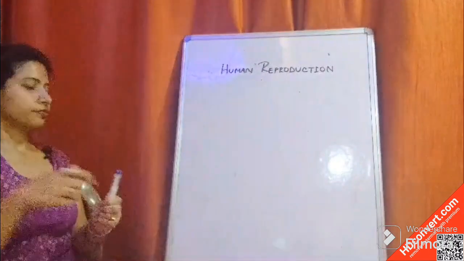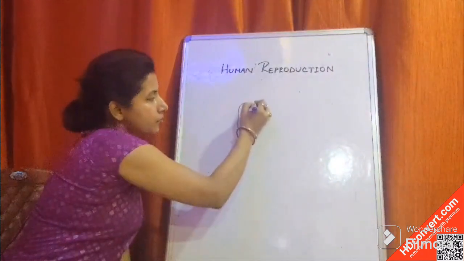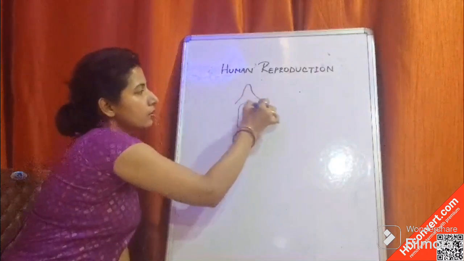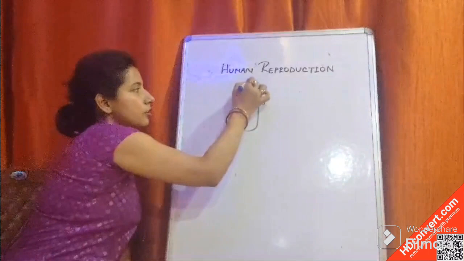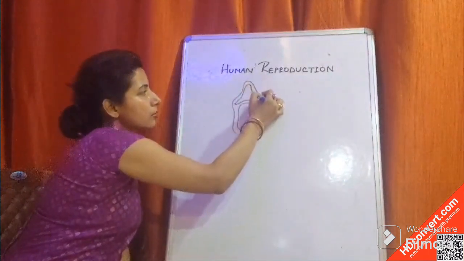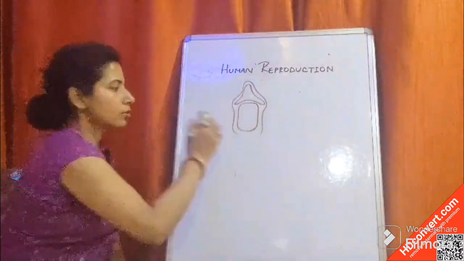Now I am going to draw the male gamete, sperm. See, it is the sperm nucleus. Okay, this is the acrosome. This is the plasma membrane which surrounds the acrosome and nucleus both.